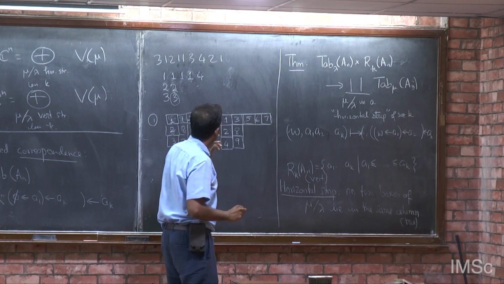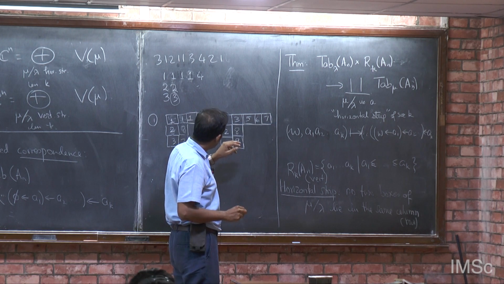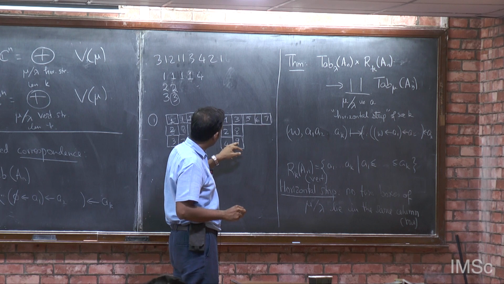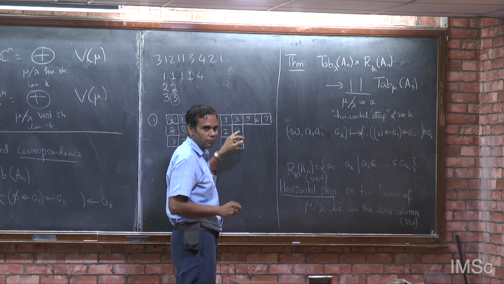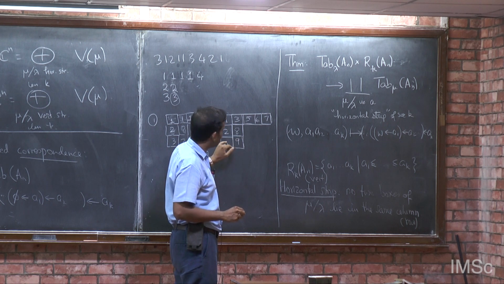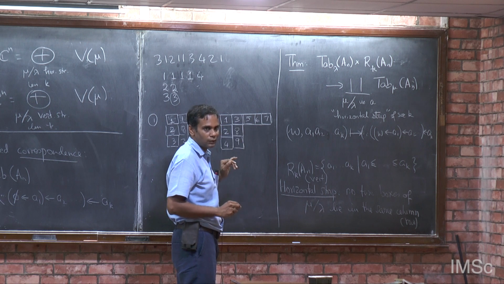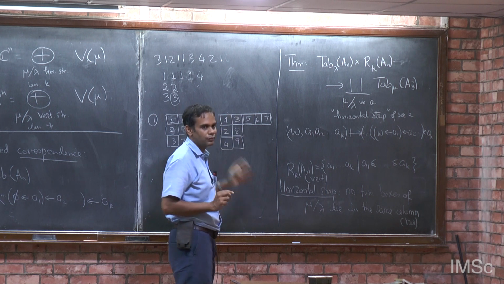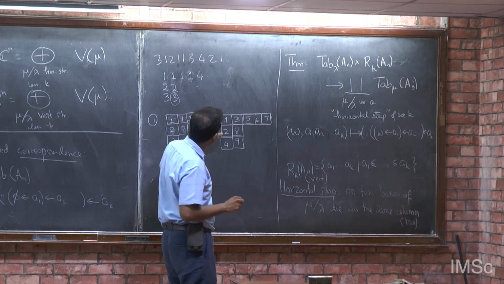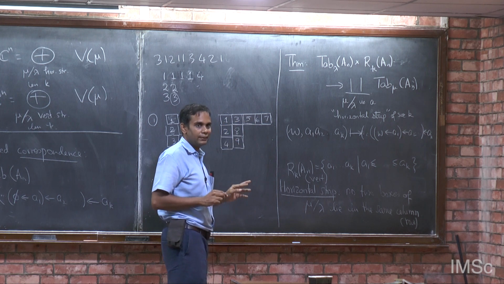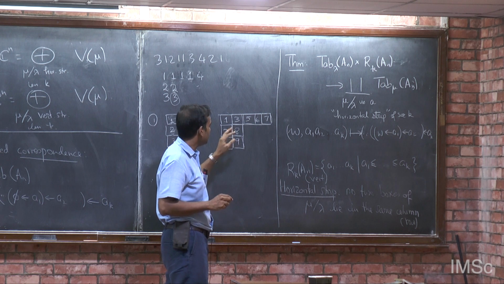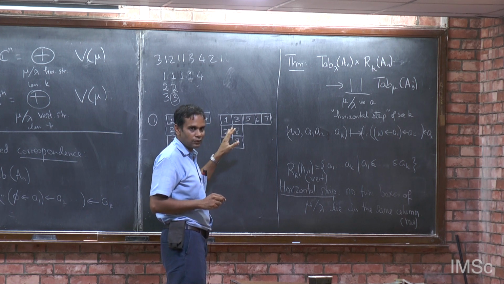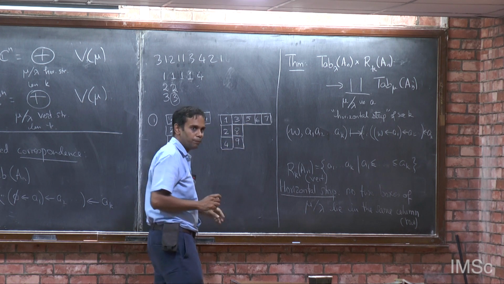Obviously, you cannot add a box if you do not have a box to its left or if you do not have a box above it, right. So, each box appears later than the box to its left and later than the box above it, unless it is in the first row or first column. So, what you are saying is that these rows and columns are in strictly increasing order, and that the numbers 1 to 9, each of them appears exactly once. Such a thing is called a standard tableau.